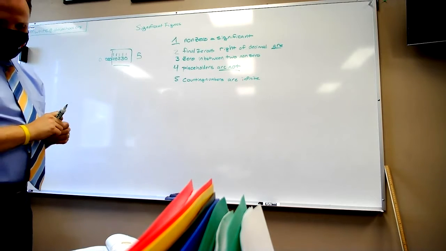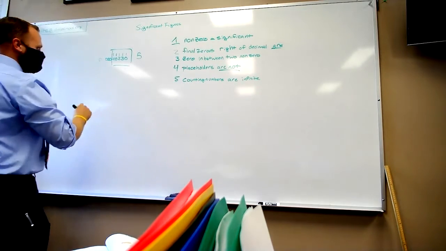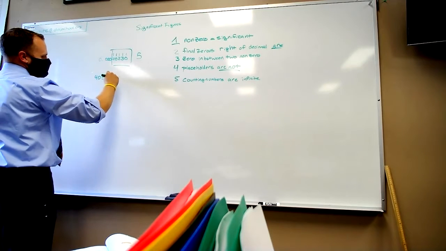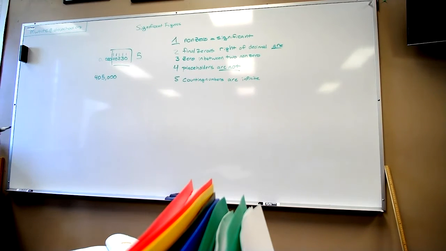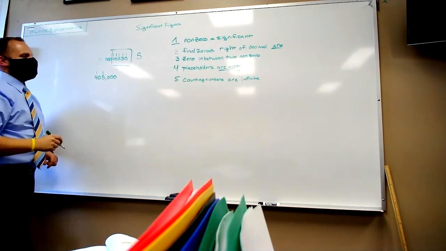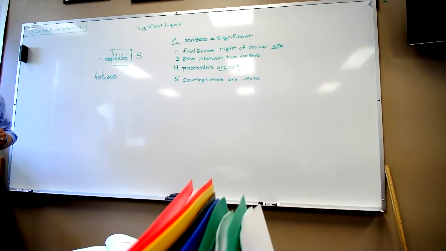Let's look at the next one. So rule number one, non-zero. That one is significant, and that one is. Final zeros to the right of a decimal. Do we have a decimal in here? No, we don't.